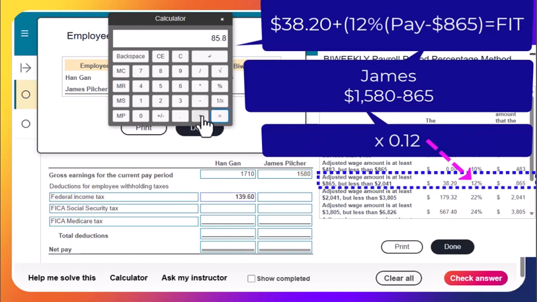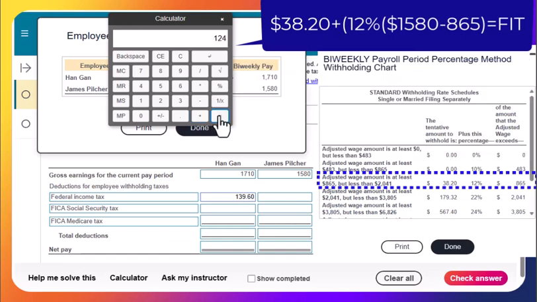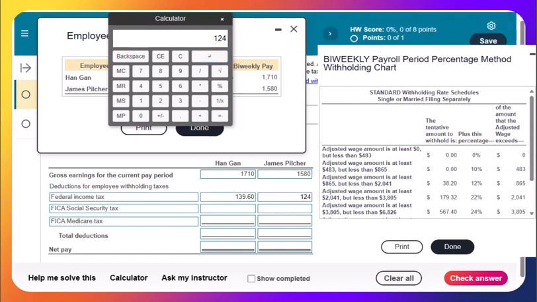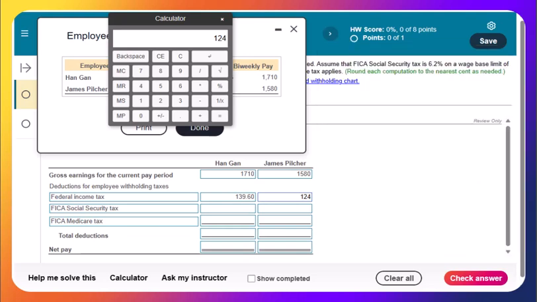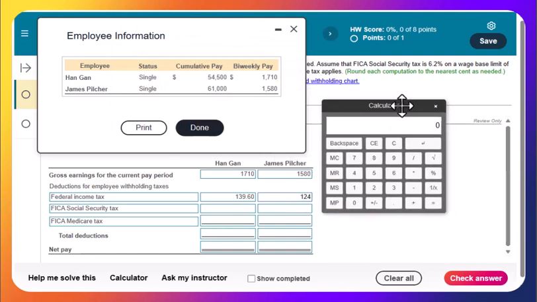And then we're going to go ahead and add that $38.20 for $124 even here. And then we can go ahead and close out of the withholding chart as we will be moving on to the Social Security tax. So let's go ahead and clear out.